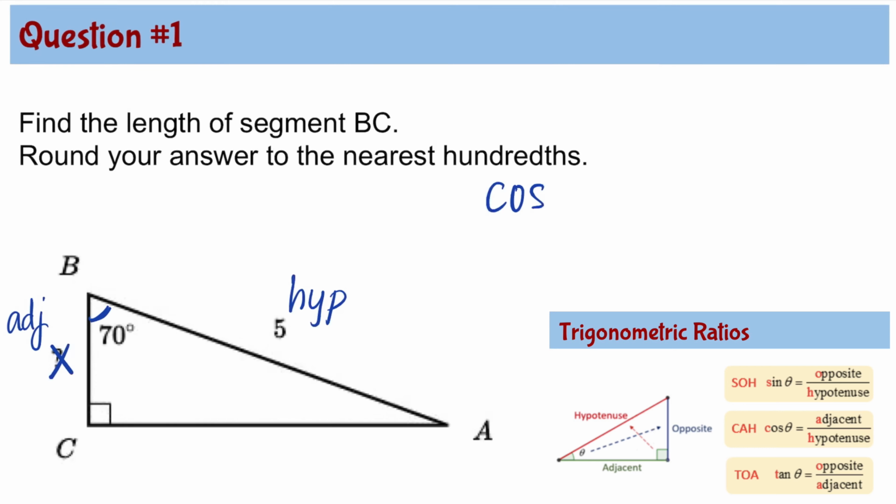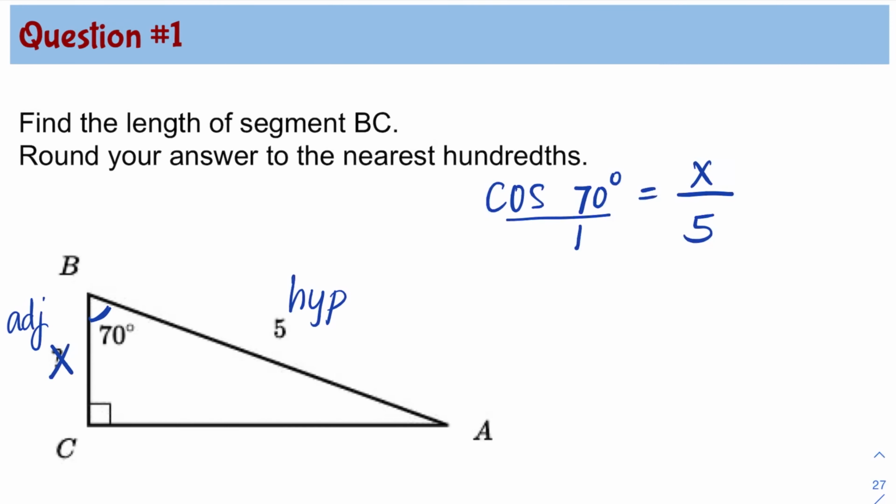So here we have cosine, the angle is 70 degrees, adjacent is x, hypotenuse is 5. Cosine 70 is the same thing as cosine 70 over 1, and you can cross multiply. So x times 1 will give you x, and you multiply 5 times cosine 70, that becomes 5 cosine 70 degrees.